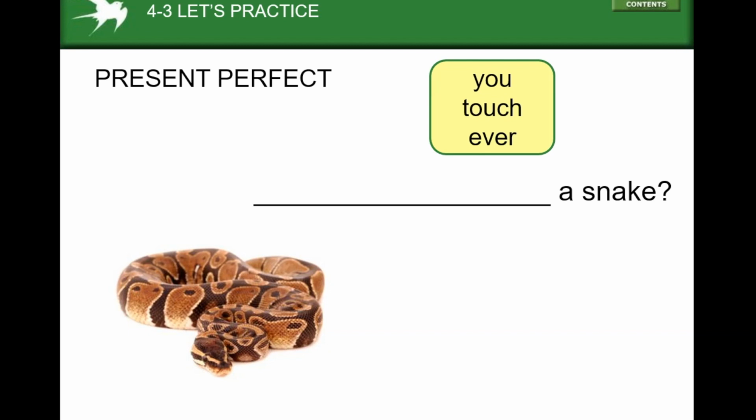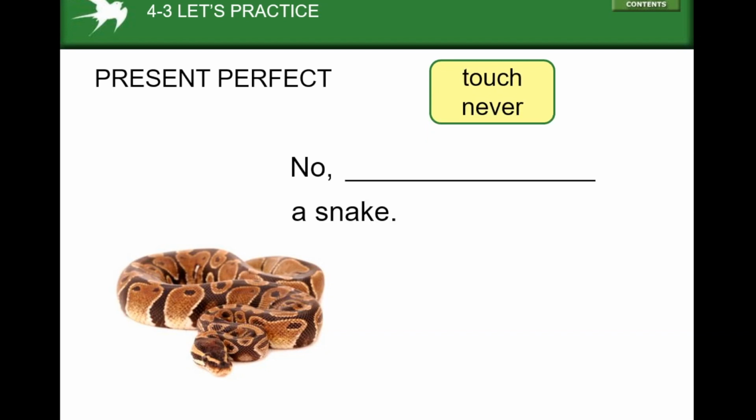Now let's practice by using present perfect. That's right. The answer is, have you ever touched a snake? To answer with no, you should say, no, I have never touched a snake.